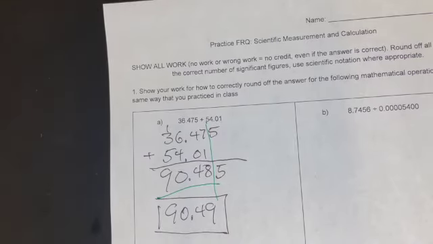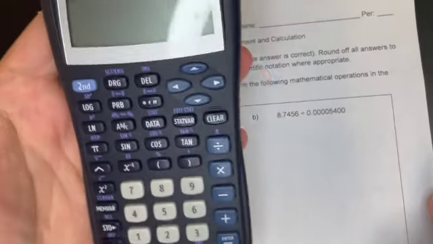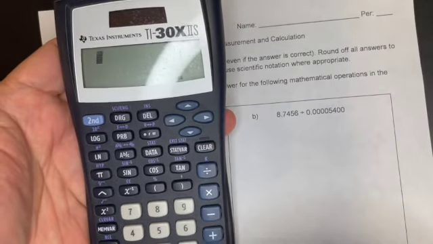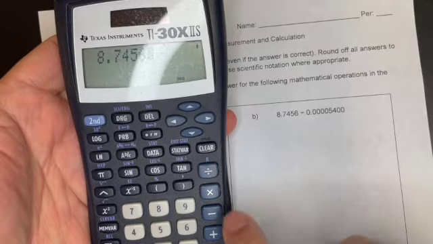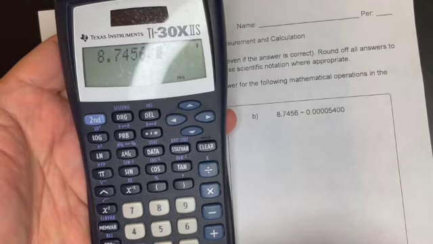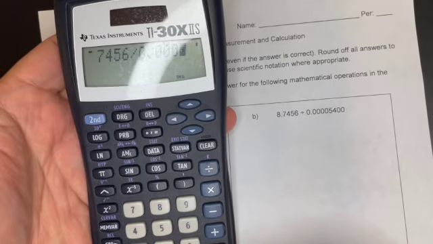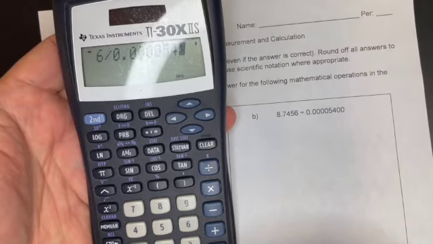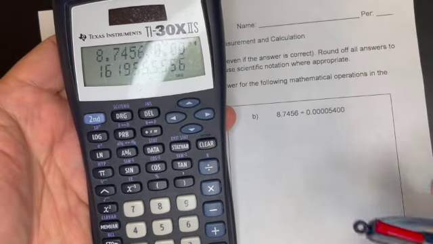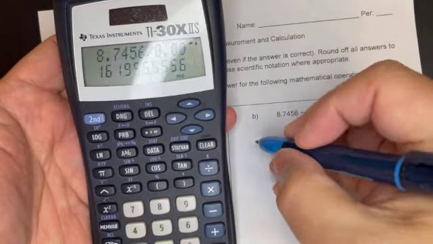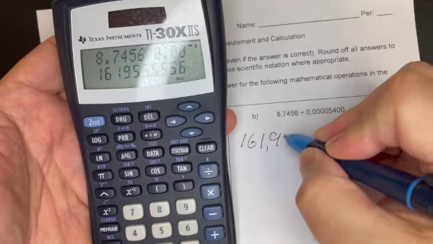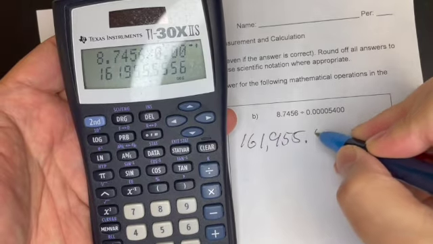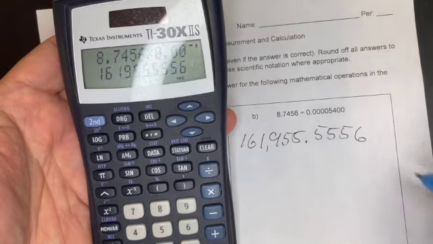Okay. For multiplication, this is where you're just going to put it into your calculator. 8.7456 divided by 0.12345400 equals 161,955.5556.